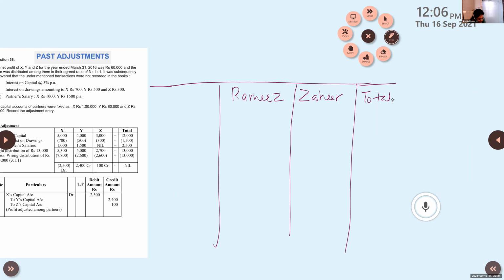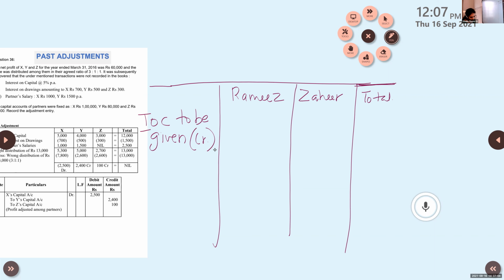So the first thing is we are going to write what is to be given. Here we know IOC is a payment given to the partners. Where will it appear in the capital account? It is on the credit side. So, IOC to be given will be credit.